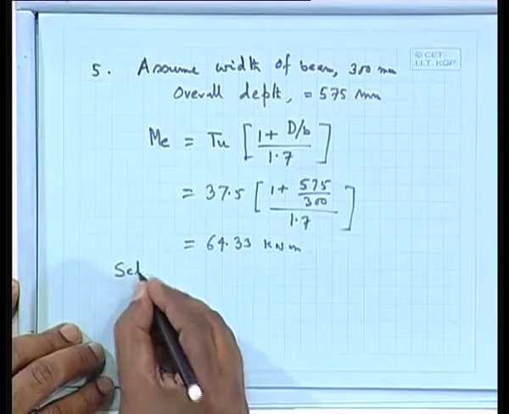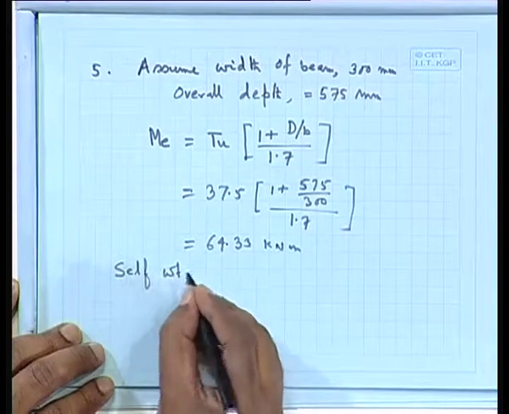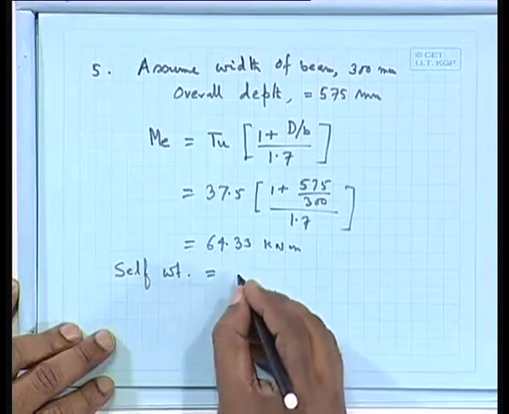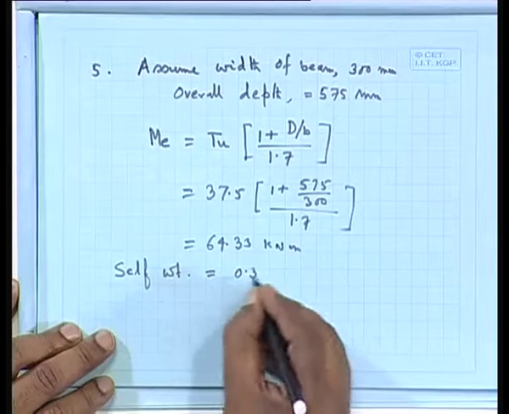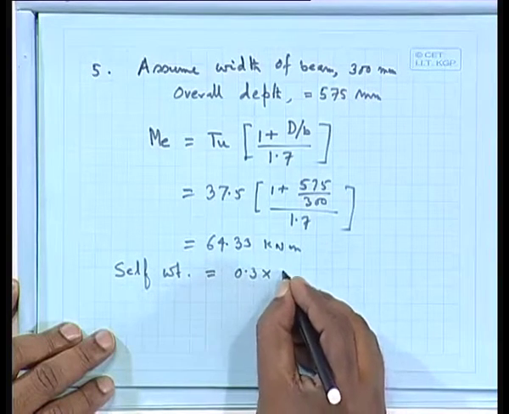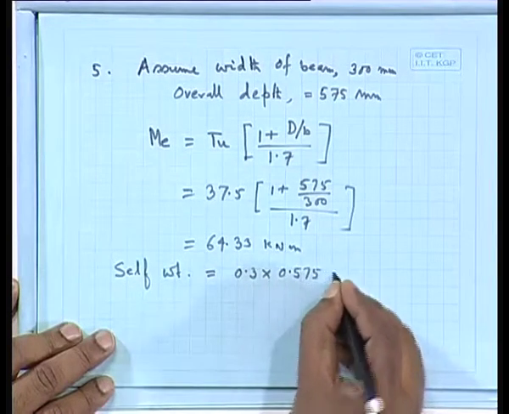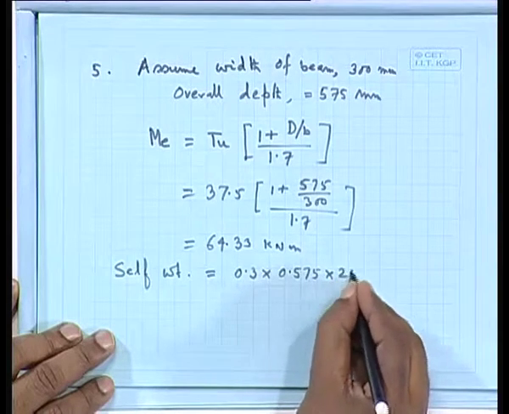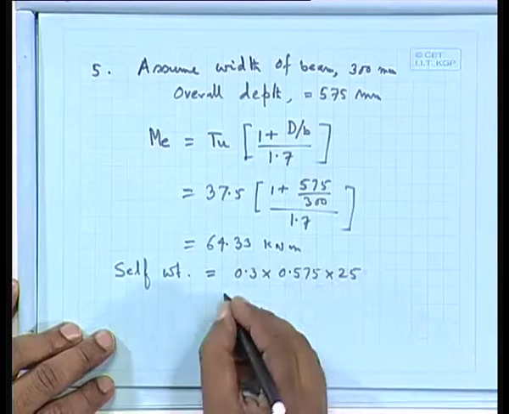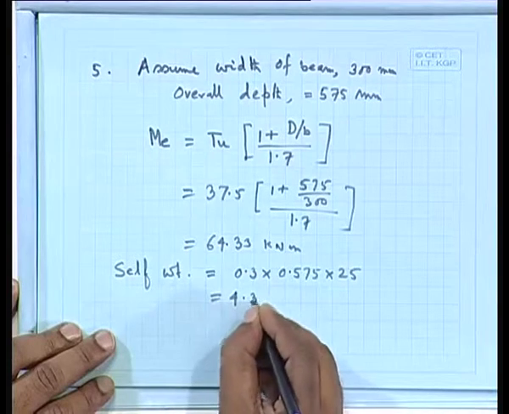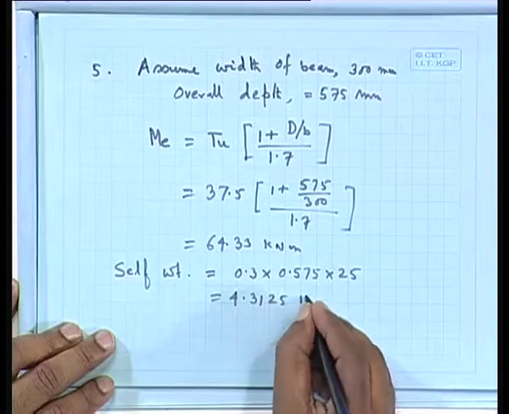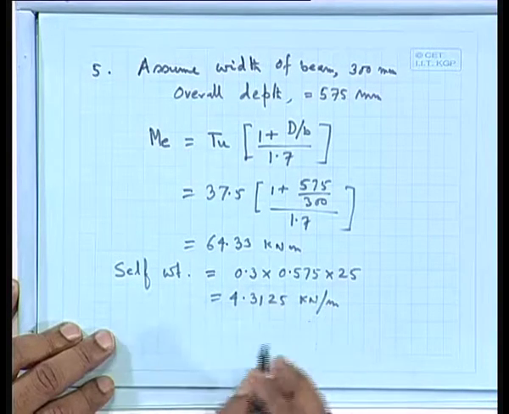Self weight equal to 0.3 width of the beam times 0.575 overall depth of the beam times 25 kilonewton per meter cube comes as 4.3125 kilonewton per meter.